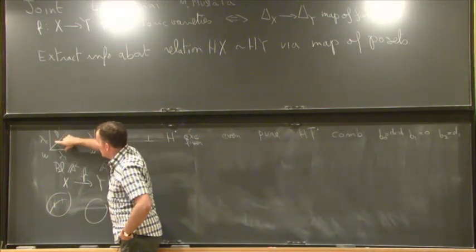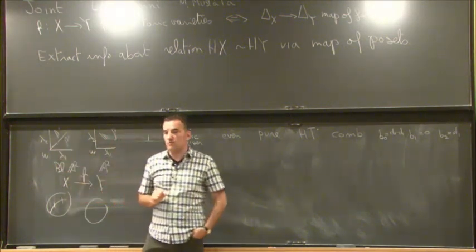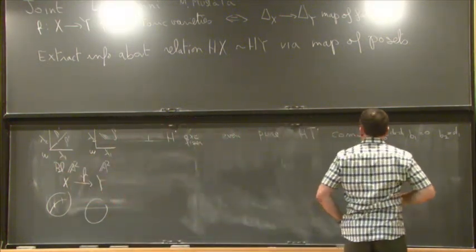So 2 minus 1. And the second Betti number is the number of 1 cones. So the formula is combinatorial.